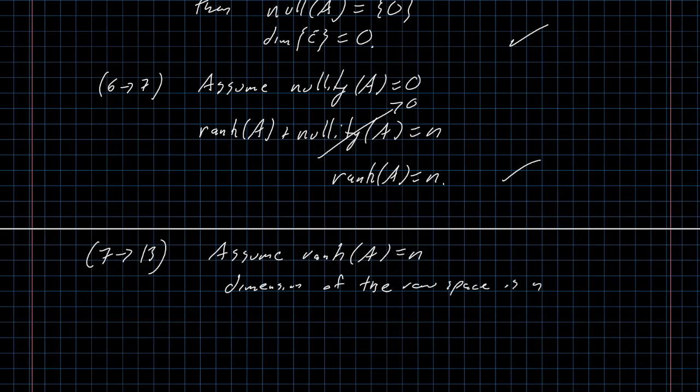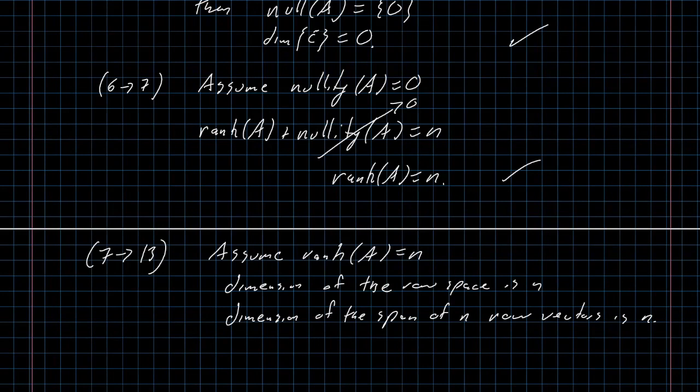And the row space is the span of the n row vectors. And that's what we need.